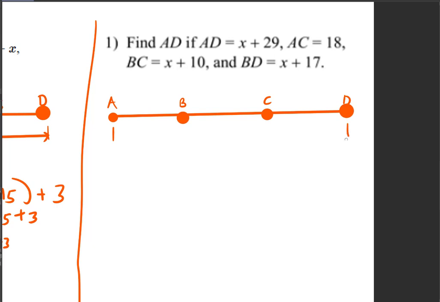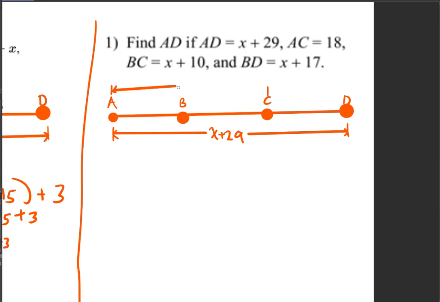So once again, they give me the whole, which is super nice of them. Look at them being just such team players. X plus 29, right? And we also have AC. AC is this distance from here to here, right? And it doesn't matter if you draw them on top or bottom.